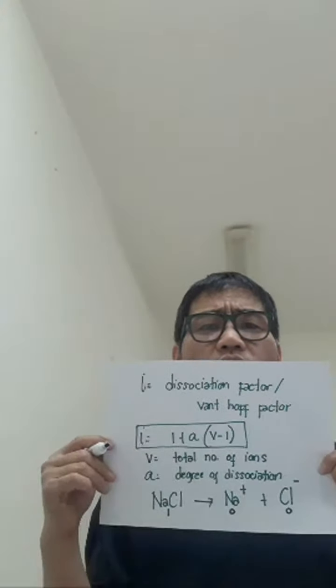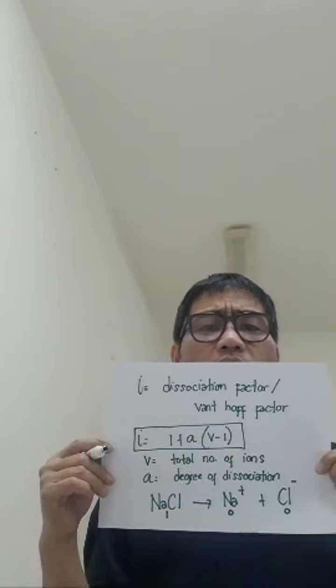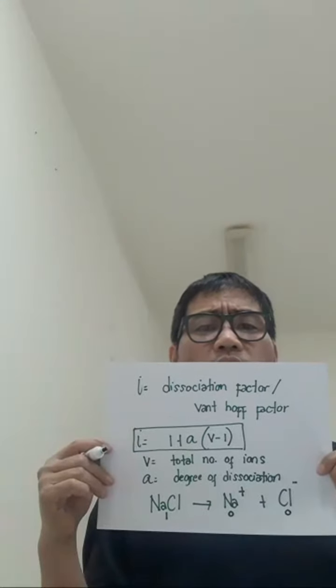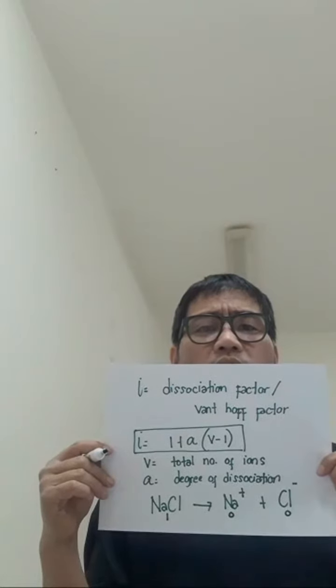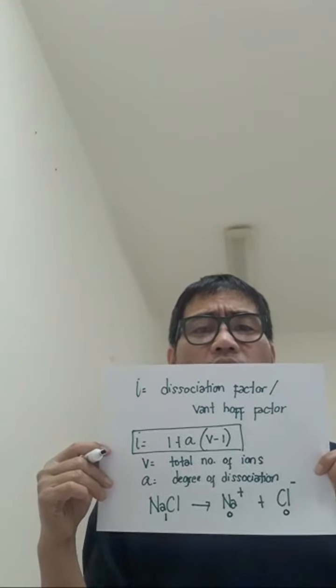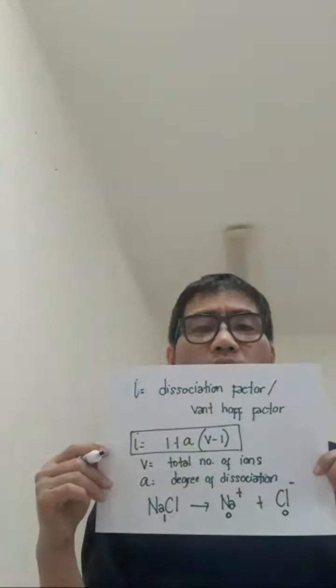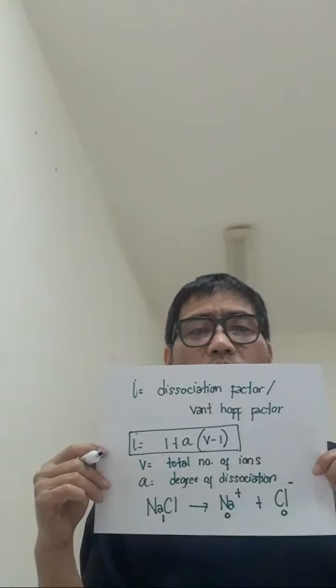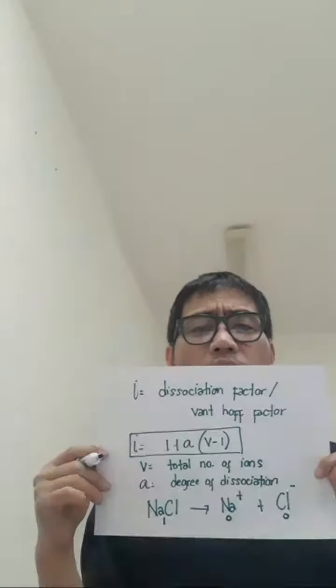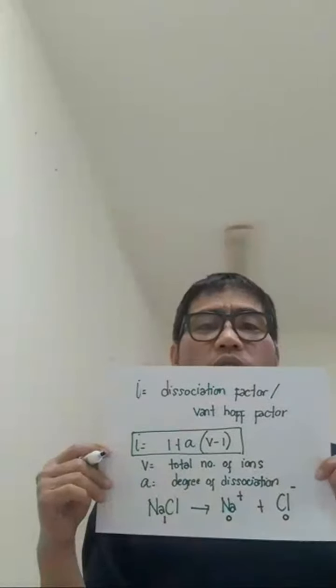Before dissociation, at time equal to 0, our sodium is 0, our chloride is 0, and our sodium chloride is 1. And then at time equal to t, let's say 2 seconds, 3 seconds, 7 seconds, 8 seconds.